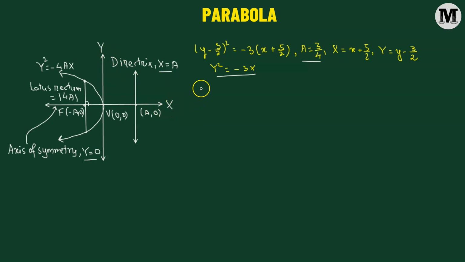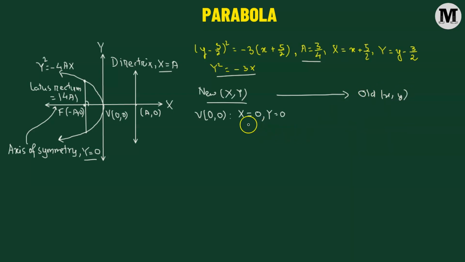So let's start with the new coordinate system. We have new X, Y. In this coordinate system, the vertex is given by 0 comma 0. That means it's at the origin. This simply means that X will be equal to 0 and Y will be equal to 0. However, our goal is to go back to the original coordinate system, that is x comma y.